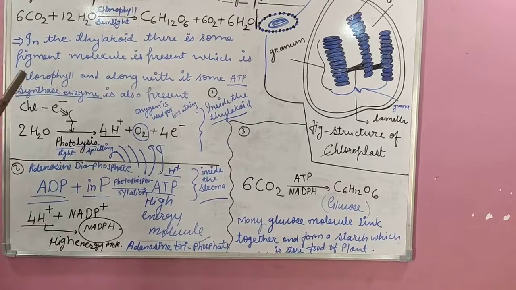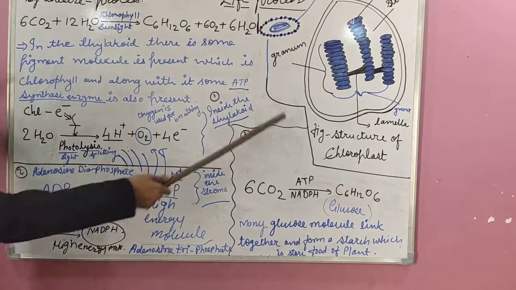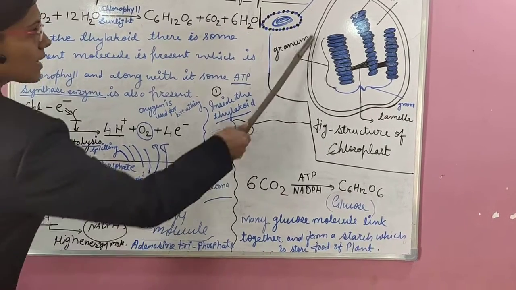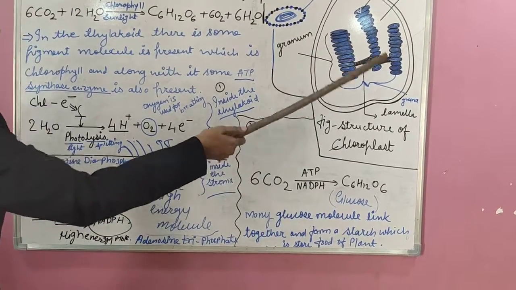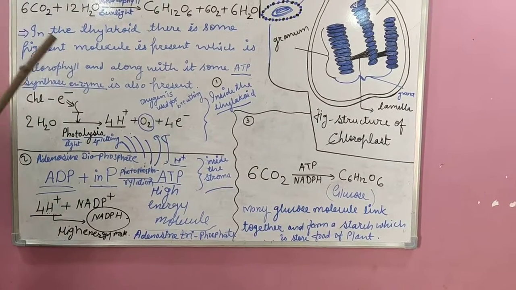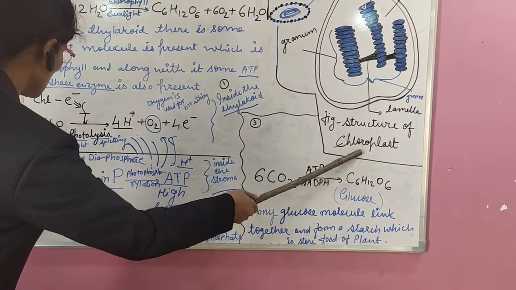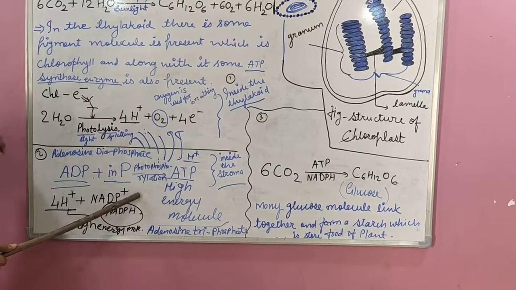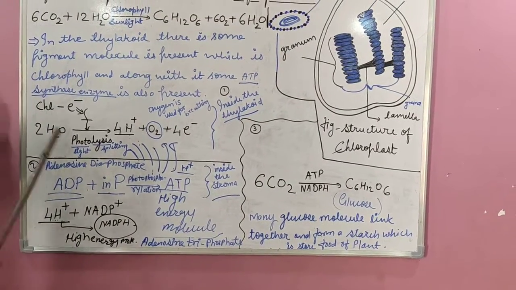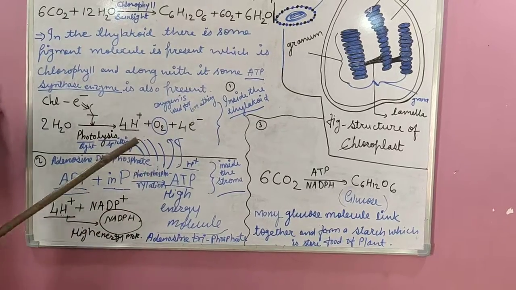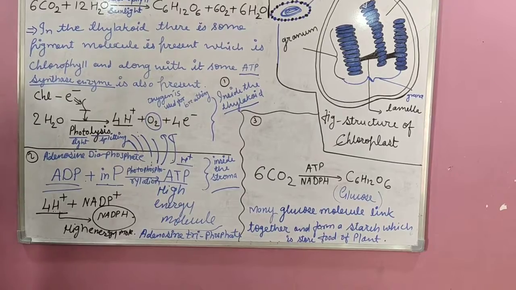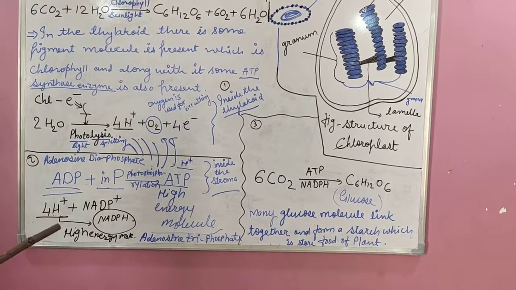Make clear in your mind, students, that the photolysis process takes place inside the thylakoid, and photophosphorylation takes place inside the stroma, which is a fluid matrix inside the structure of the chloroplast. I think this is very clear to you. If you get any confusion, you can ask me.